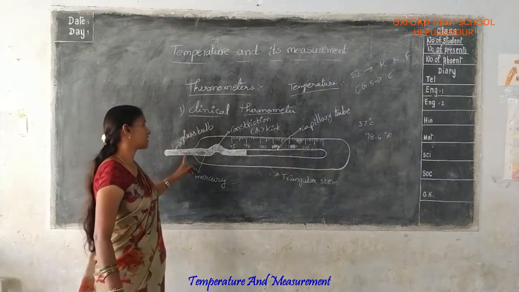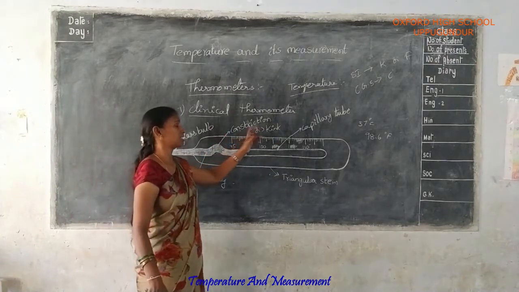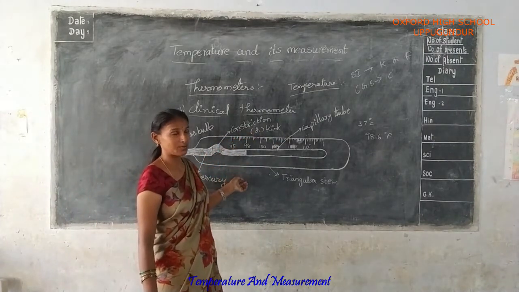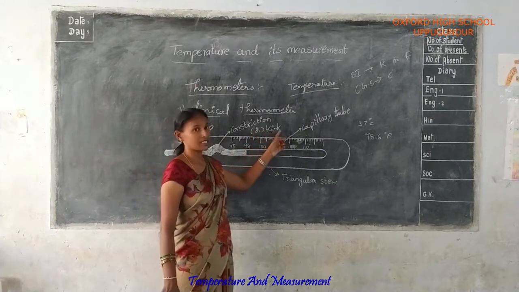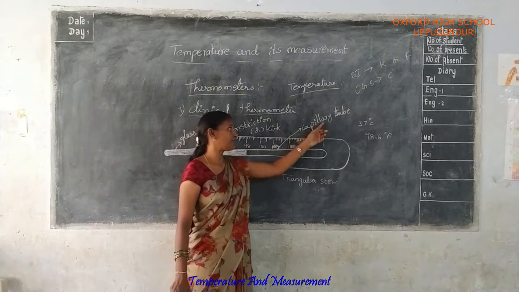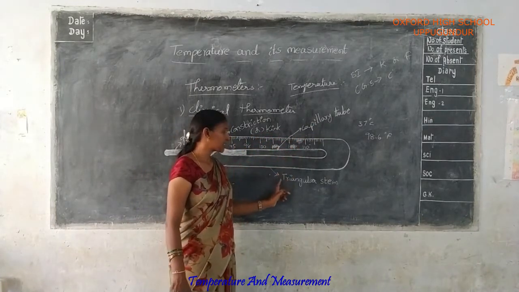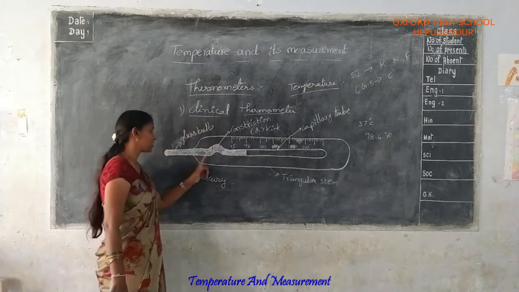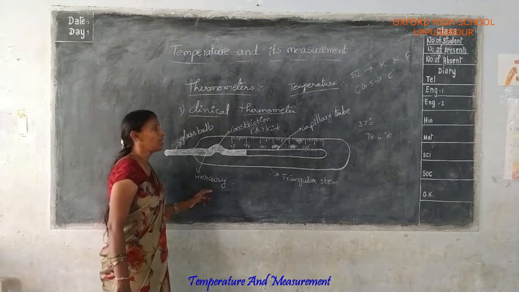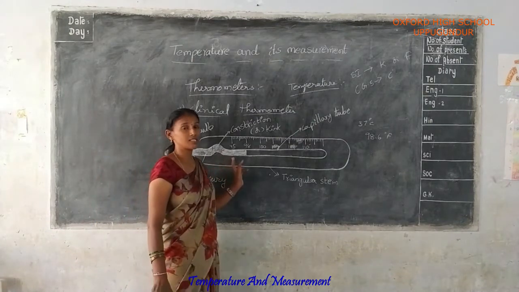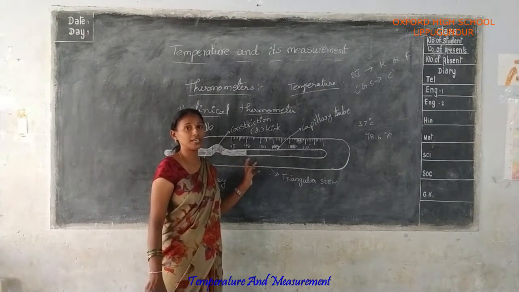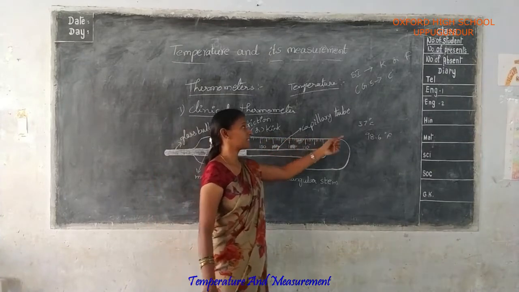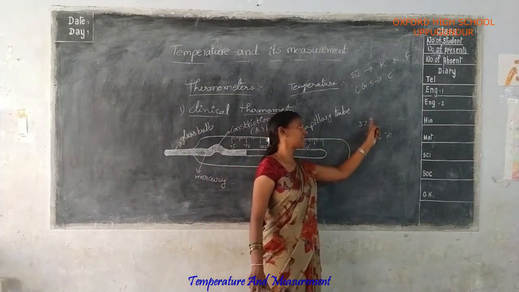The glass tube is present, and the constriction is mainly important in a clinical thermometer, and one more name is the kink, and next is the capillary tube, and next the triangular stream. Next, this is the mercury only. The mercury starting level is considered 95 degrees Fahrenheit, and in Celsius your body temperature is 37 degrees Celsius.